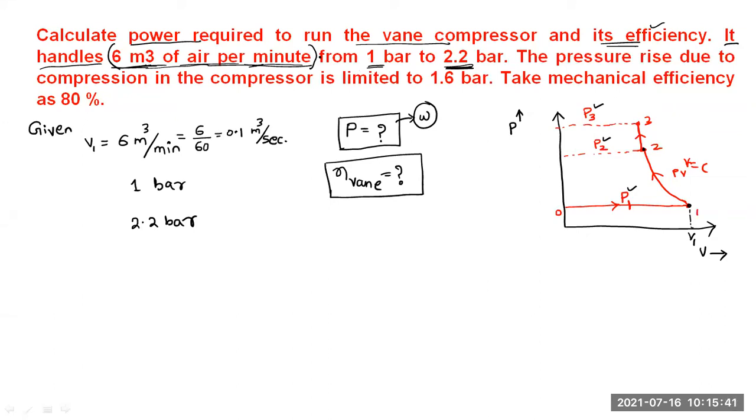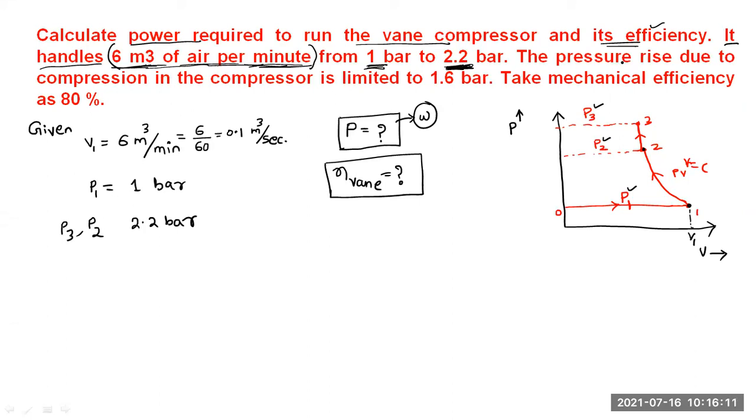Here it is telling, it handles 6 meter cube of air per minute from 1 bar to 2.2 bar. So now this 1 bar, easily we can say is nothing but P1. But what about this 2.2 bar? Somebody can say it is P2, somebody can say it is P3, because two pressures are there. P2 is the intermediate pressure, P3 is one more, the highest pressure. Suppose we don't know whether this 2.2 bar represents P2 or P3.